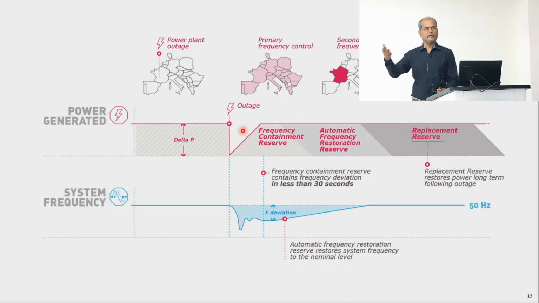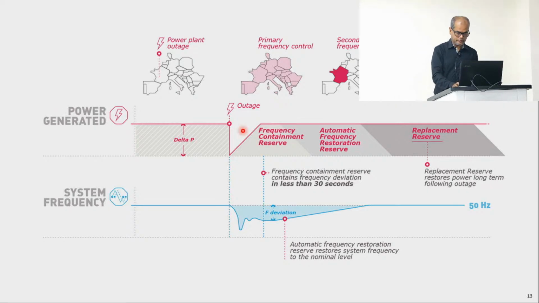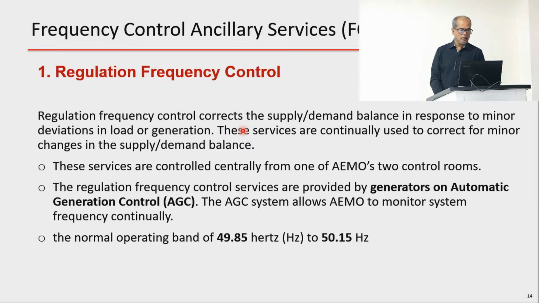So for example, let's say it goes from 50 to 48, then we bring it close to 50, for example 49.5, and then the top-level controller tries to bring it precisely to 50 hertz. Like we already mentioned, supply and demand are balanced for the frequency control.